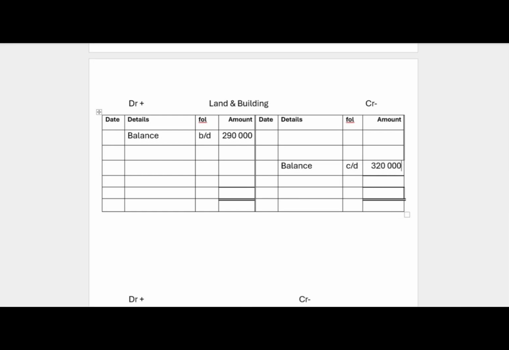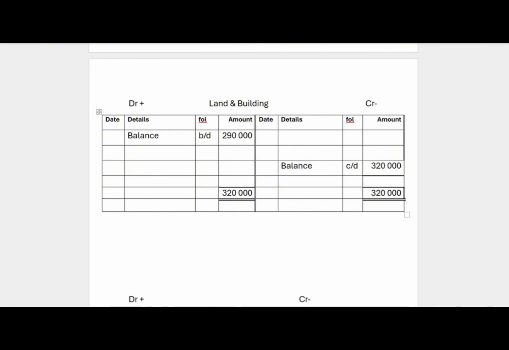So now there's an increase in our land and building, right? So that means the closing balance is bigger at 320,000, right? Even this side 320,000. So the difference is an increase in our land and building.